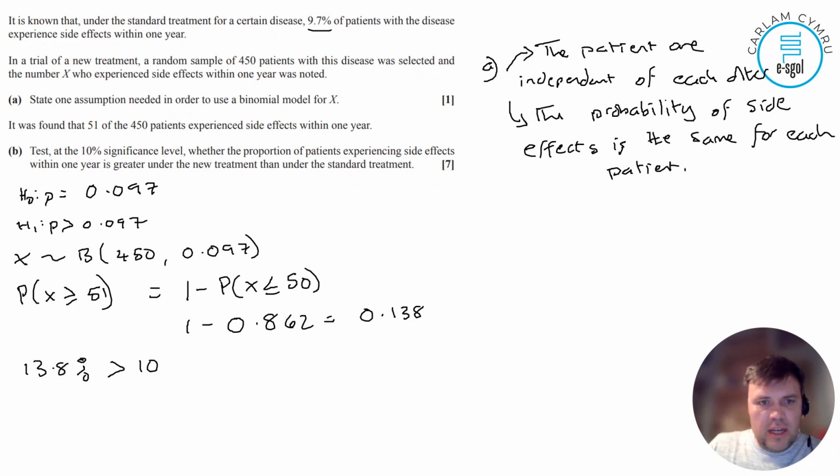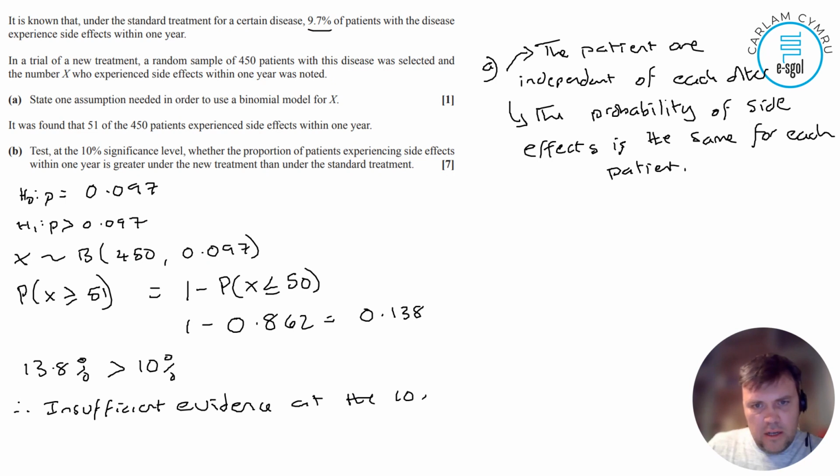That is greater than our 10%, because remember this is a one-tail test, and they've asked at the 10% significance level. Therefore, insufficient evidence at the 10% level of significance, which means do not reject H0.